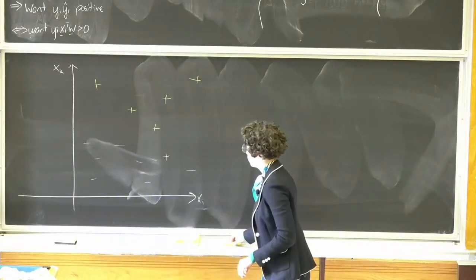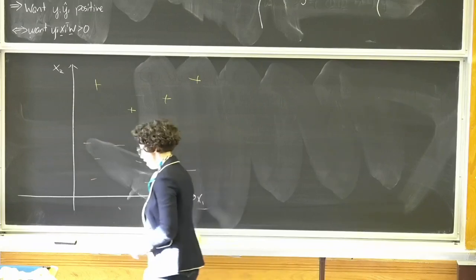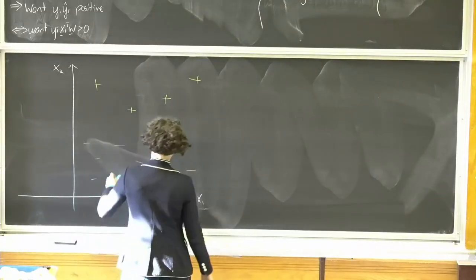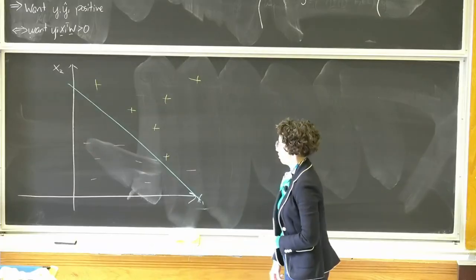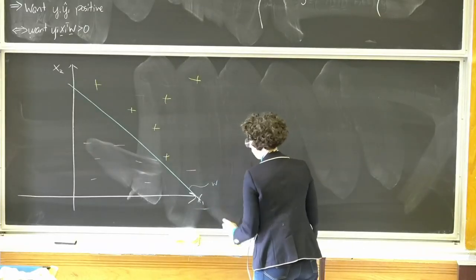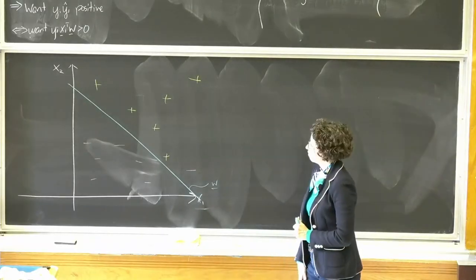Okay, so I've got some pluses and minuses, and now I am going to draw a decision boundary that looks like this. Okay, so this corresponds to some weight vector W.